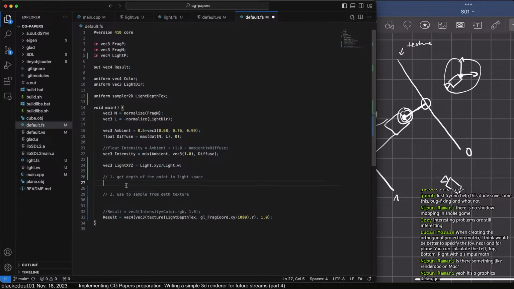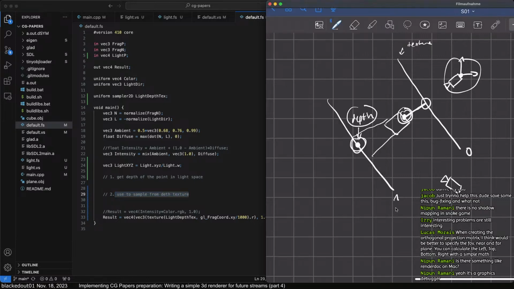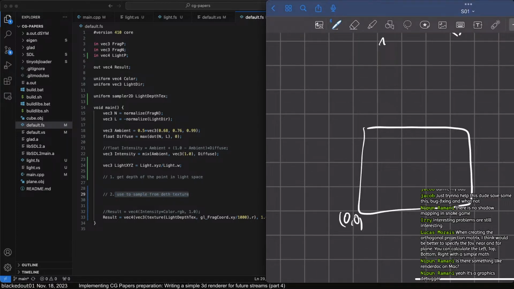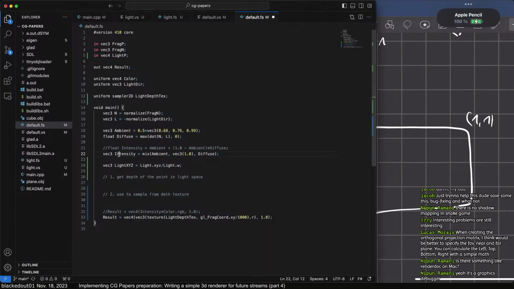Because of the texture space, how to sample a texture, like I said, the coordinate system of how to sample a texture looks like this. So here is 0, 0, and here is 1, 1. But this point here is basically in NDC coordinates because we just did the projections.